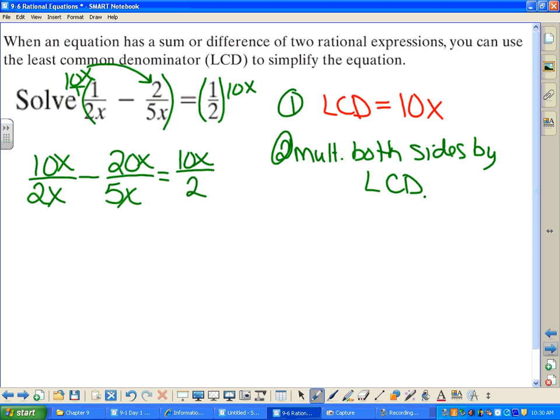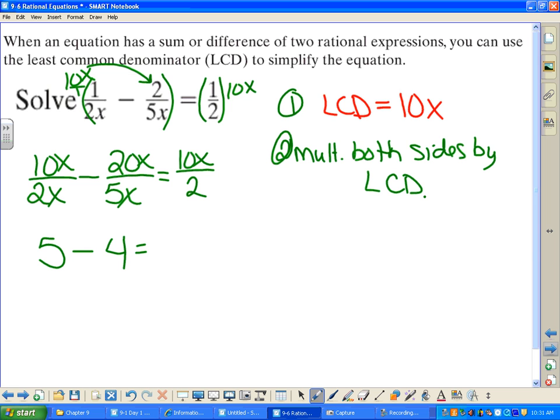Here's why it's really nice to multiply by the least common denominator. Because after you distribute and you multiply each term by that LCD, look what happens to each term. What happens? Every term does what? Simplify, right? It reduces. This first one reduces to 5. The next one reduces to 4.